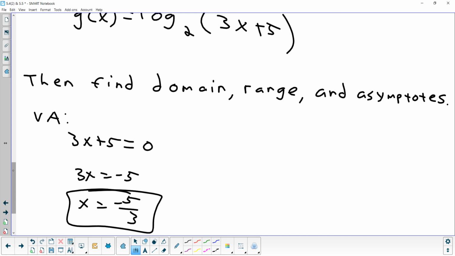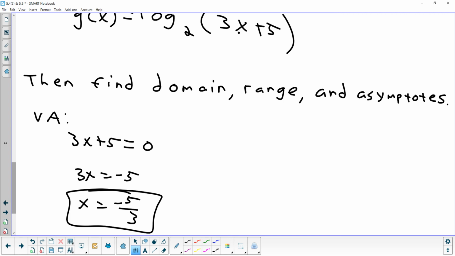Now, can I plug in numbers larger than x, or do I have to plug in numbers smaller than x into that? I can only plug in numbers on one side of -5/3. Larger. Yeah, it has to be larger. Just pick one and test it. I think an easy number to test is 0. 0 is larger than -5/3.